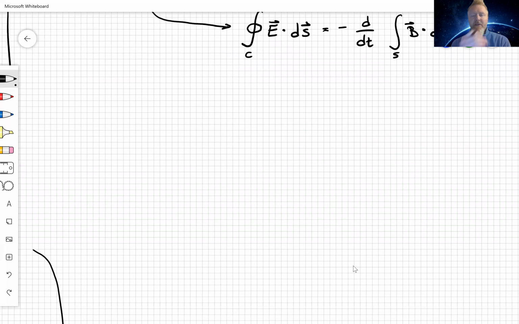All right, so that's Faraday's law. So let's take a look at another example of another kind of same type of thing, another moving rod in a magnetic field. So let's take a look here at this.